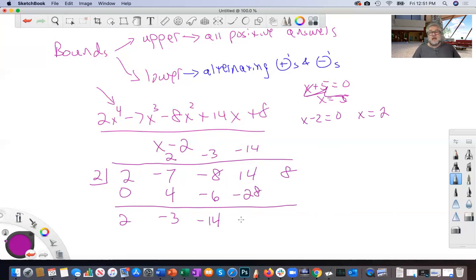Yep. Add, we get minus 14, and minus 14 comes up here. Multiply, minus 14 times 2 is minus 28, and that comes out to minus 20. Okay. Not a root, but not an upper bound or a lower bound. It's just a failure.